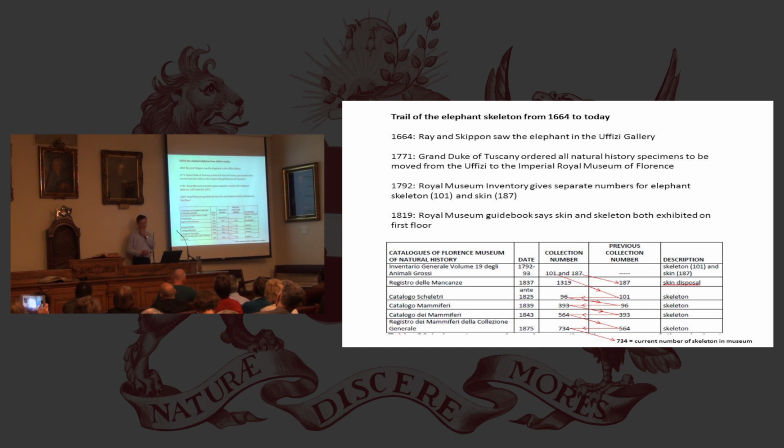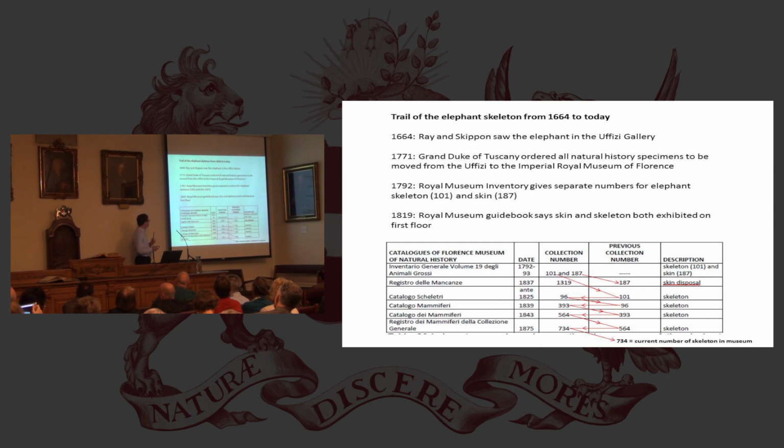The curators in Florence really got into this, and they started going back into their archives, because as well as the actual anatomical evidence that it's Ray's elephant, they were interested to see how far back they could trace the history of the existing skeleton through the records. And it turned out that, remember, Ray and Skippon said that they saw a skin and a skeleton.